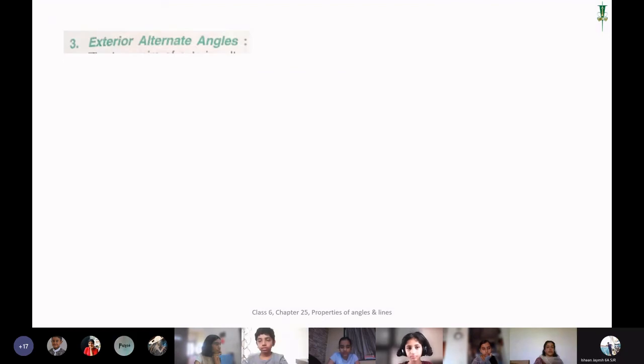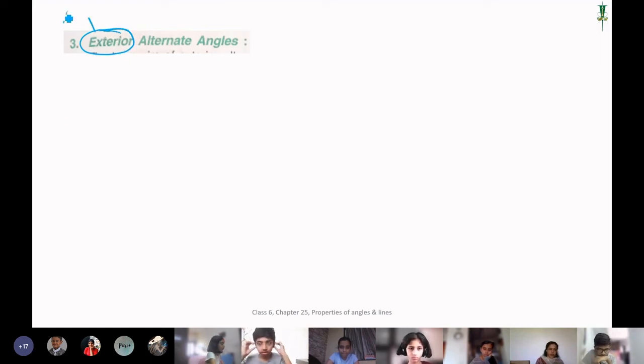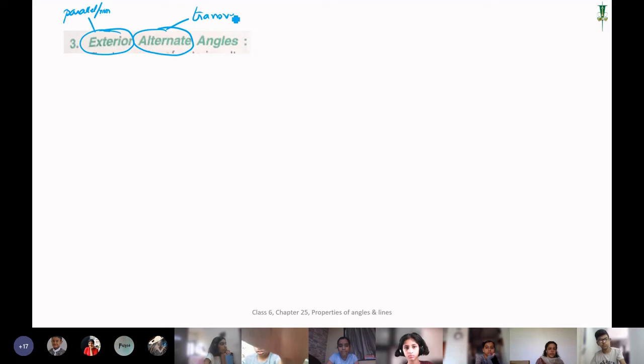Exterior alternate: exterior refers to its positioning with reference to the parallel lines, or the other two lines, parallel or non-parallel, and alternate refers to its positioning with regard to the transversal. Are you all understanding what each refers to?